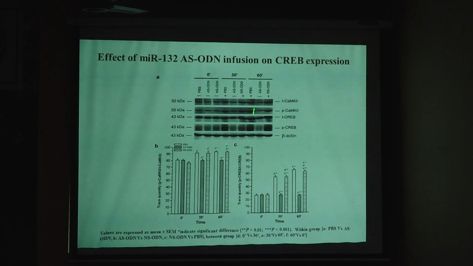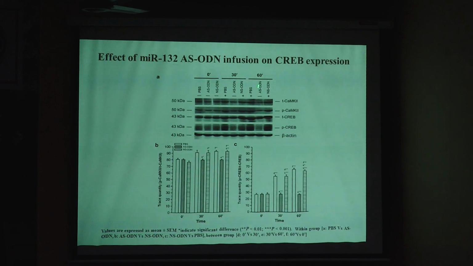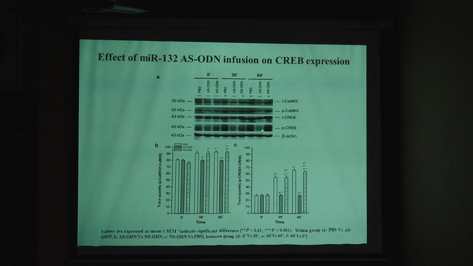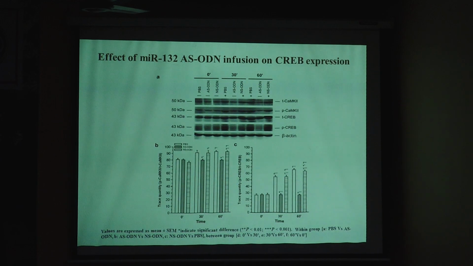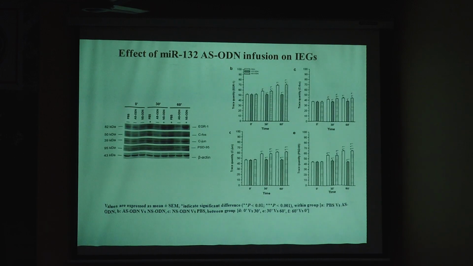So when we use an antisense oligonucleotide, it completely blocks the CREB expression and also the CAMK2 expression and phosphorylation. So once CREB got blocked, that regulates the immediate early genes also. So now this is the new culprit, compared to the reported one.